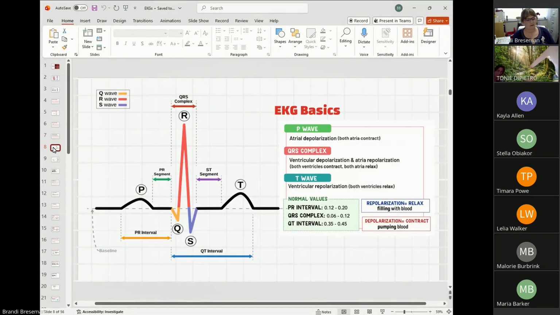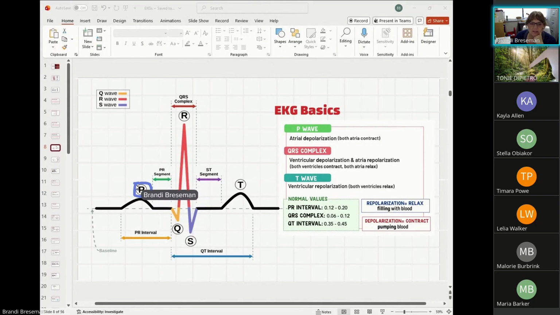All right. So when we look at our EKGs, there are parts of the EKG that we are going to identify or name right away. The first one here is our P wave. That is this little bump right here.